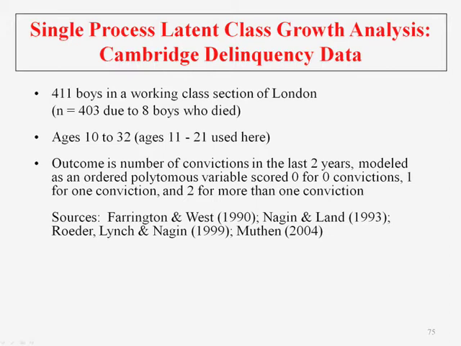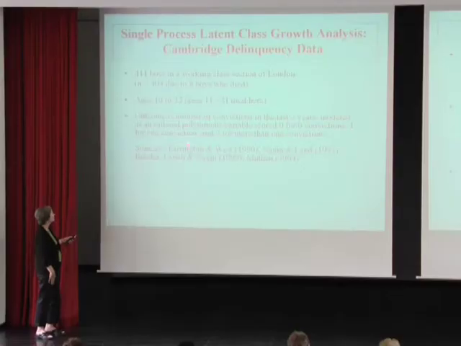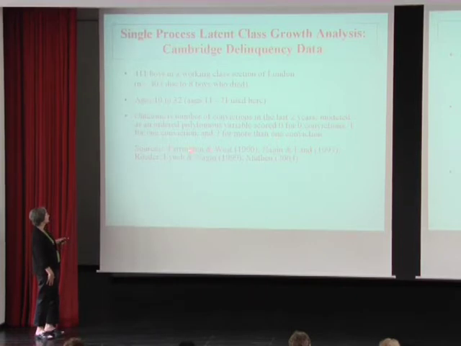Ages 10 to 32; we're using ages 11 to 21 in our analysis. The outcome is the number of convictions in the last 2 years. It's modeled as an ordered polytomous variable, so we're still in the categorical framework, but instead of binary, we're now looking at a variable that has 3 ordered categories: 0 for no convictions, 1 for 1, and 2 for more than 1 conviction. The references are shown at the bottom of that slide.